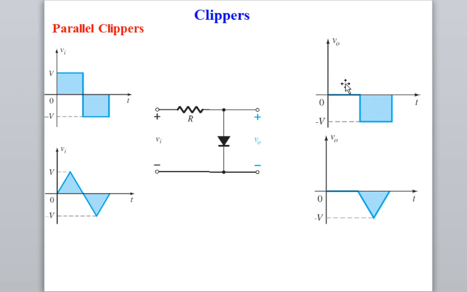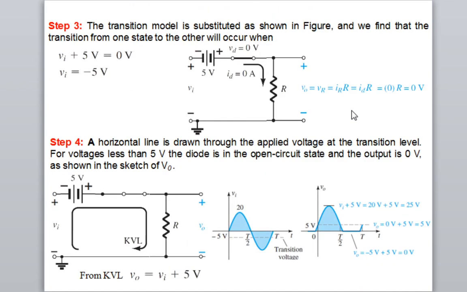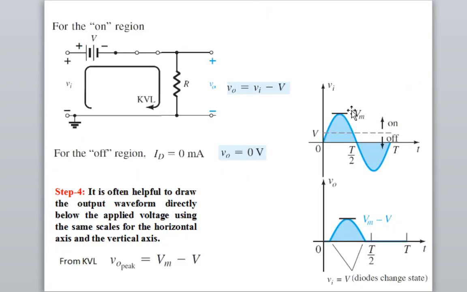That is why this clipper is called a positive clipper: it is defined by which portion you are clipping, the positive portion or the negative portion. Clipping of the positive or negative portion may be done by both the series clipper and the parallel clipper.